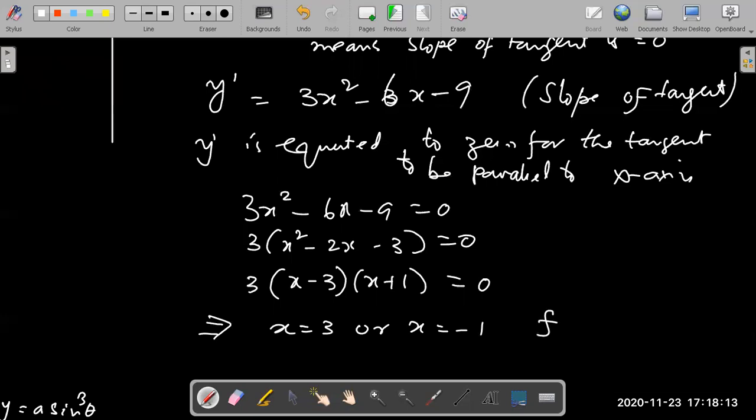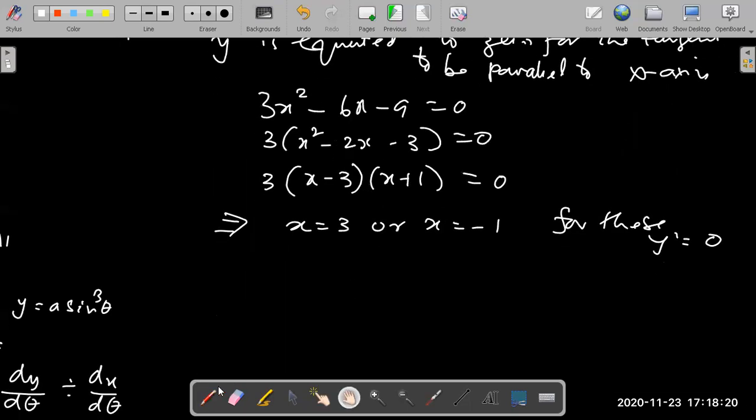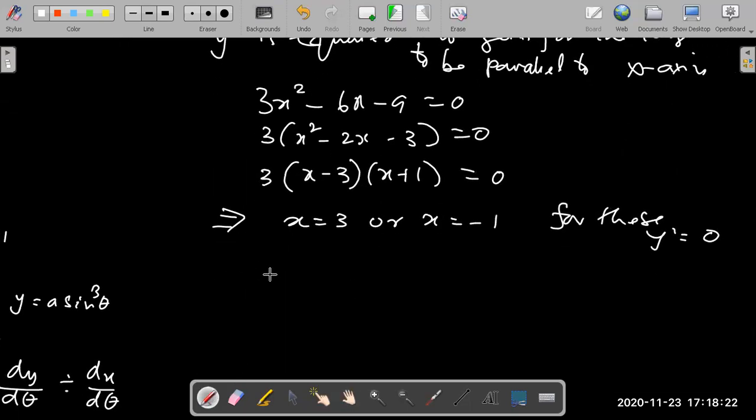So for these points, y dash is 0. So we need to find the points, meaning coordinates. Our y is nothing but x cubed minus 3x squared minus 9x plus 7, the original curve. We are trying to get the y coordinate.